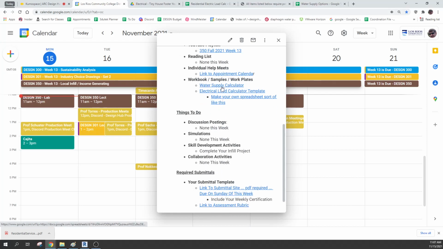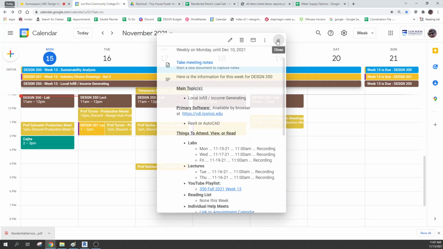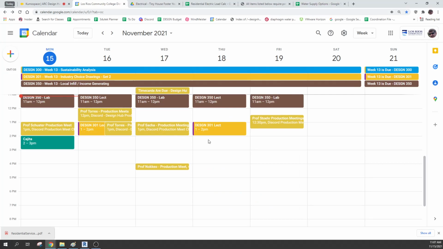And I've added onto here your water supply calculator, just in case you didn't have it from before, and a new one, which is an electric load calculator. Those are the two utilities we're going to deal with most because we have the capability to do that in the time. And the goal, of course, is just to complete your project. So let's take a look at what those two things are.